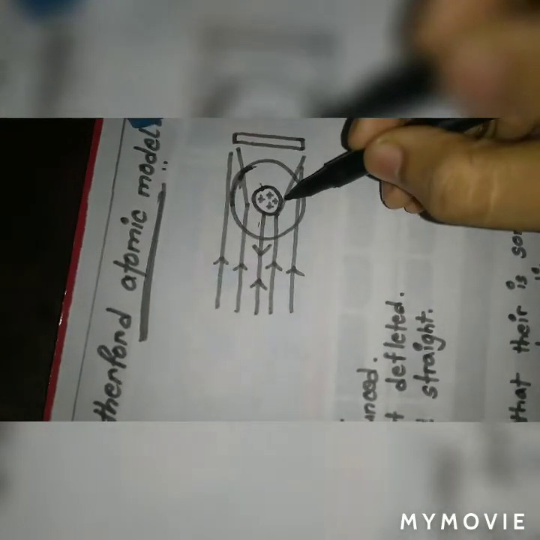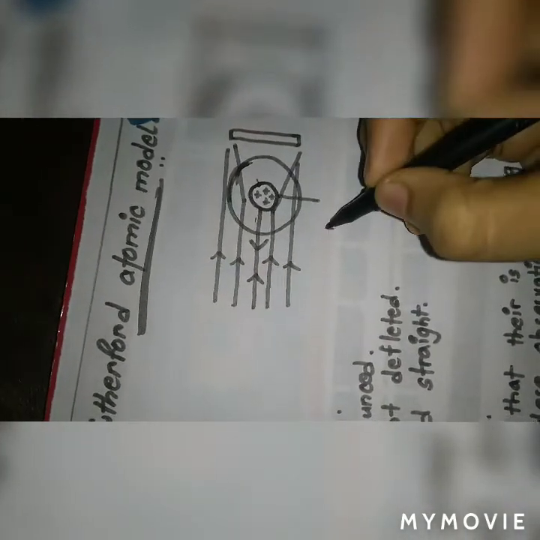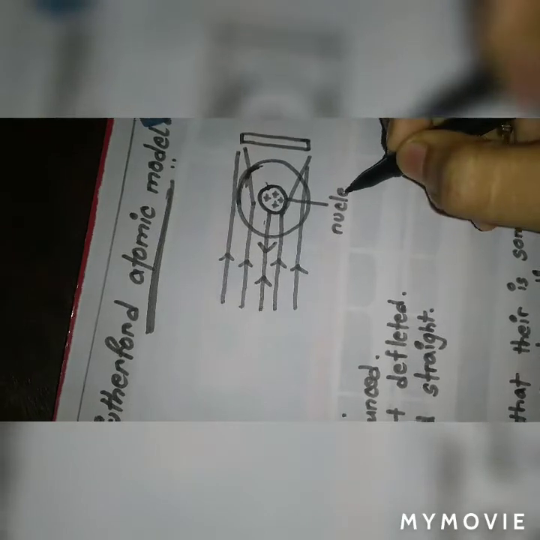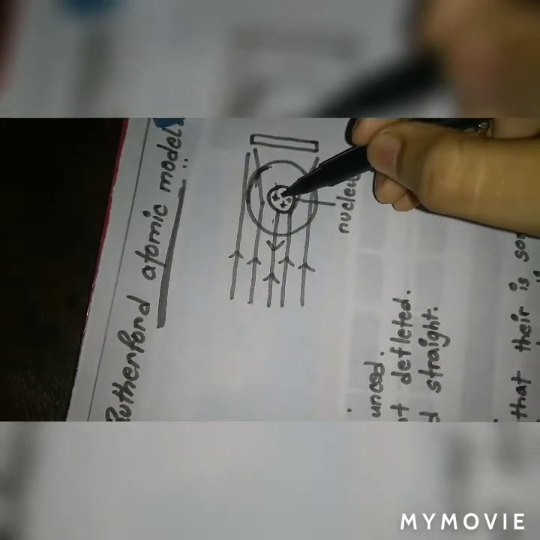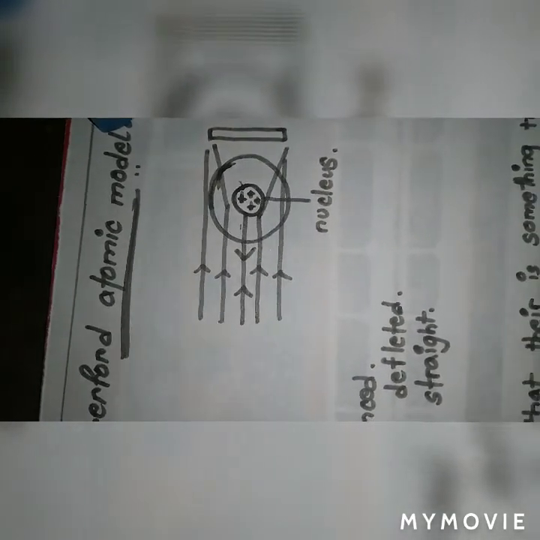So he named this thing the nucleus. And after more experiments, he said that the thing containing the positive charge in it are the protons, because they are positively charged. So that is why it contains protons.